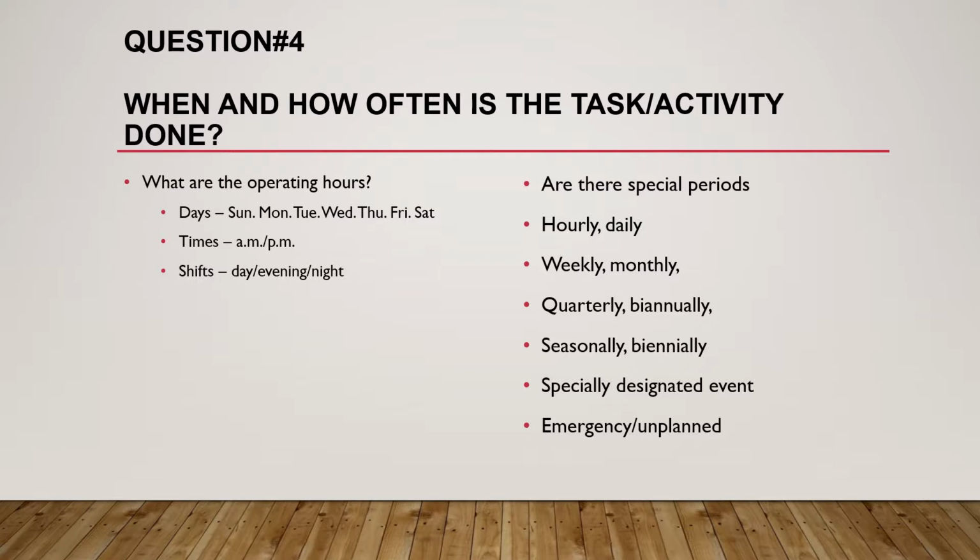Are tasks going to be done hourly or daily? What about weekly or monthly, quarterly, biannually? Whatever it is, those are the times that you are going to schedule into your SOPs. And of course, there are emergency and unplanned events, and you may be required to have procedures done during those times.